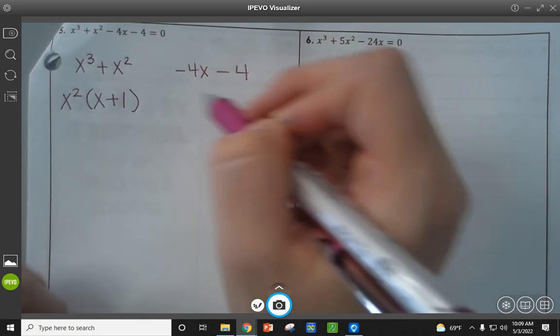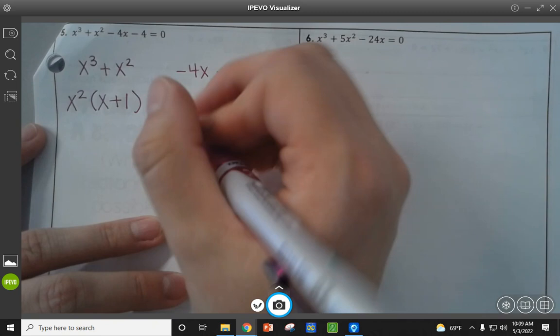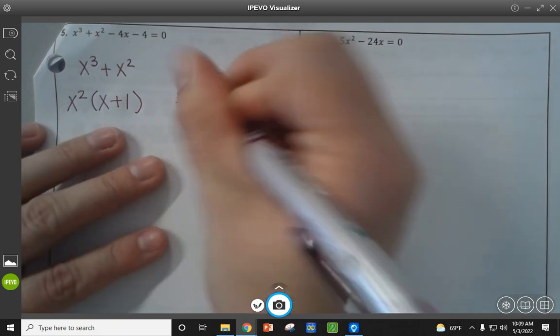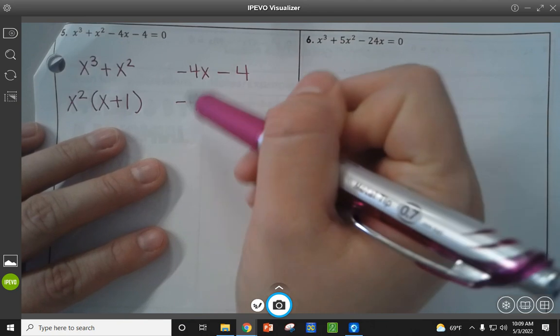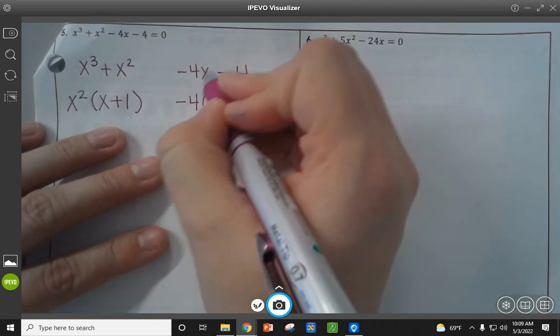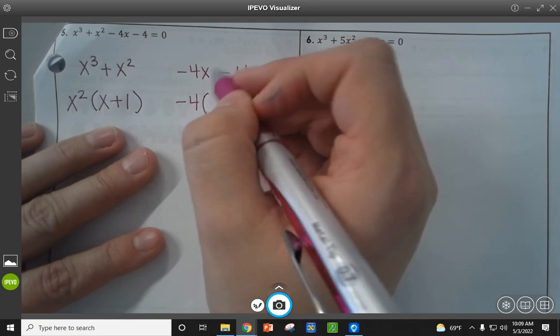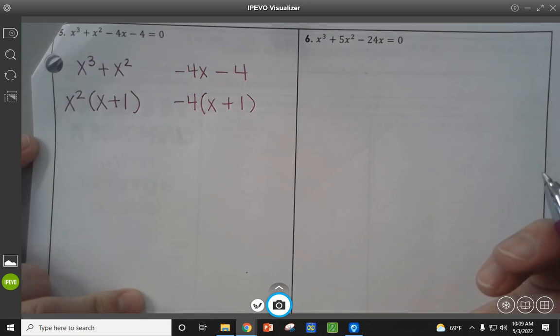What's the GCF on this group? Technically it would be 4, or negative 4. Because if your first term is negative, your GCF has to be negative. And so when I divide out the negative 4, what am I left with? x plus 1.